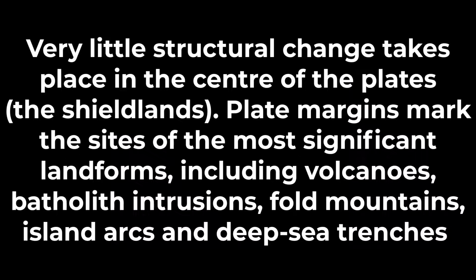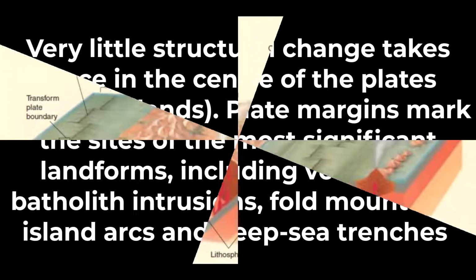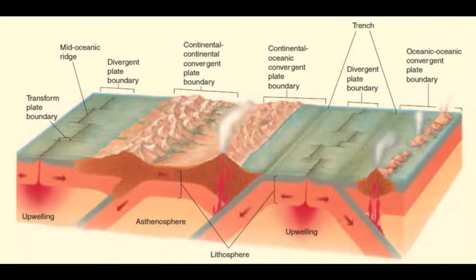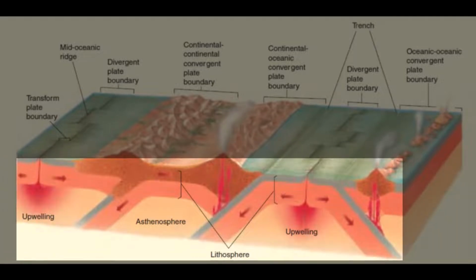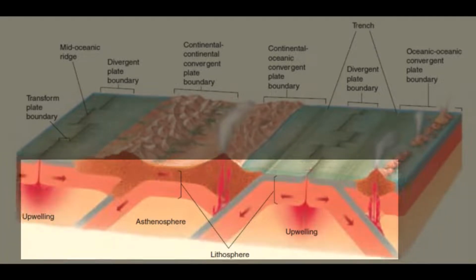Plate margins mark the sites of the most significant landforms, including volcanoes, batholith intrusions, fold mountains, island arcs, and deep sea trenches. Plate boundaries have tectonic activity because plates are moving relative to one another.